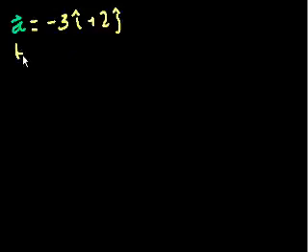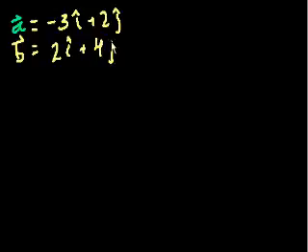Then I have vector B, and that is equal to 2 times the unit vector i plus 4 times the unit vector j.